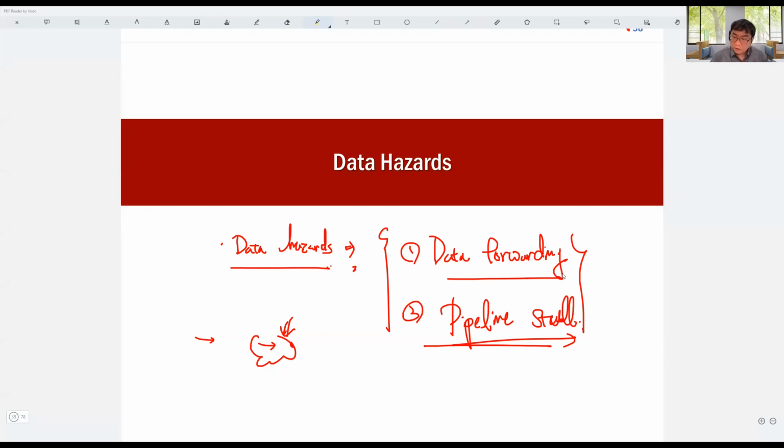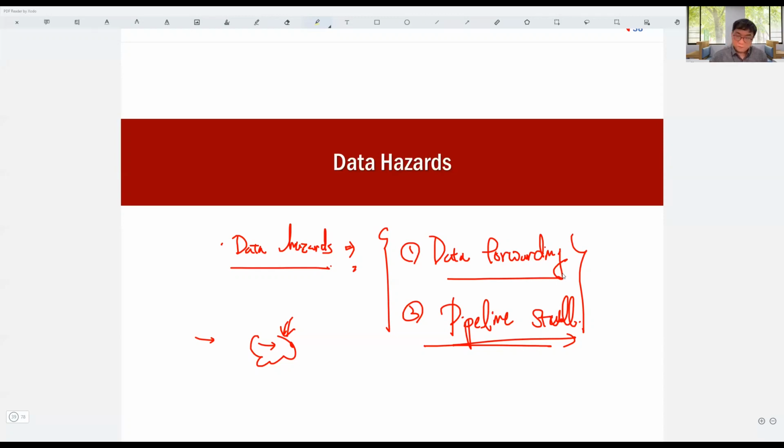Why? Because a hazard means the events that waste clock cycles in the pipeline processor, or any type of processor actually. If many hazards happen in a certain processor, the performance of the processor can be degraded, because the clock cycles are wasted.